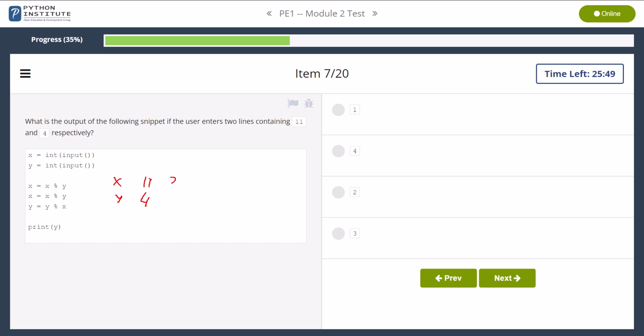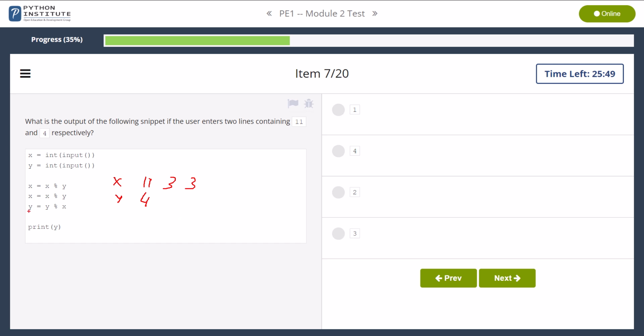And then x should be equal to 3 after this operation. Then x, again, the same operation, but x has changed. So this will be 3 divided by 4. The result of this division will be 0, and the remainder from this division will be 3. So x will remain as 3 here.